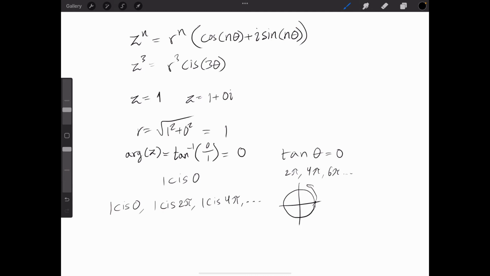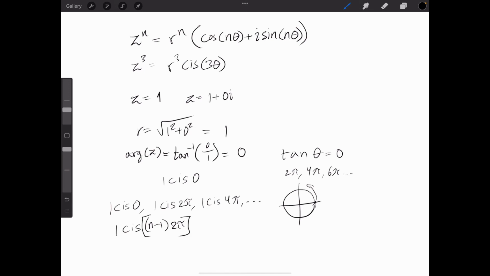Basically, we can simplify this as 1 cis of, or rather, you can just write it as n minus 1 times 2 pi.